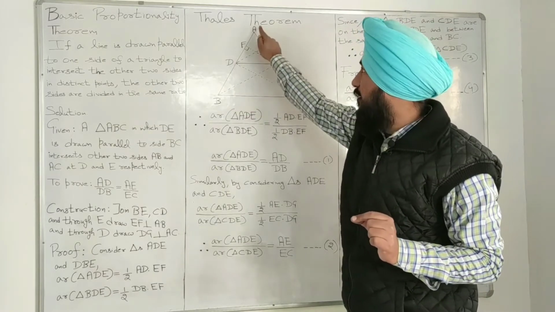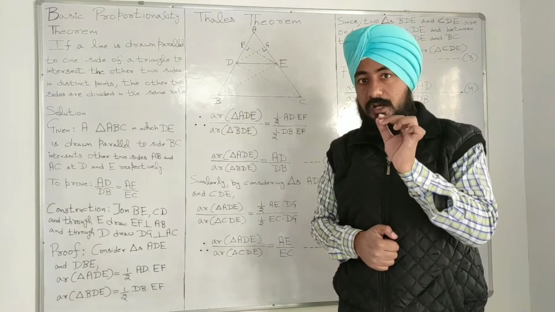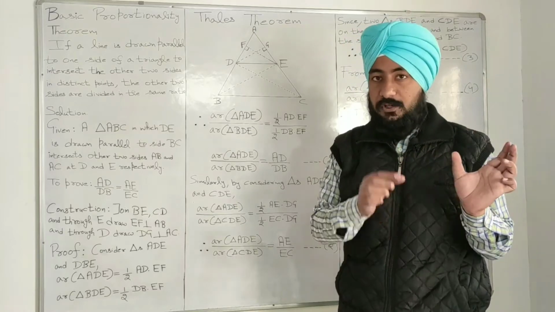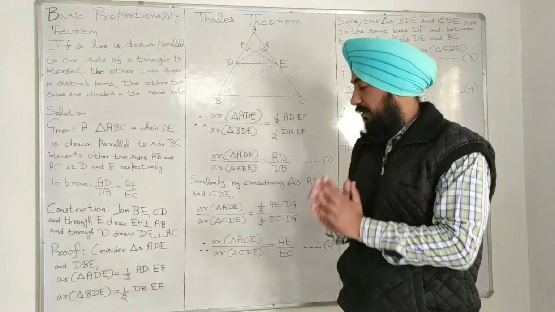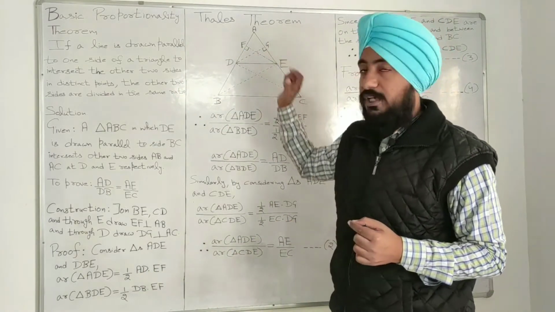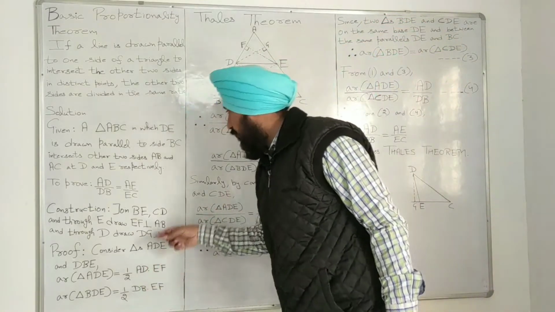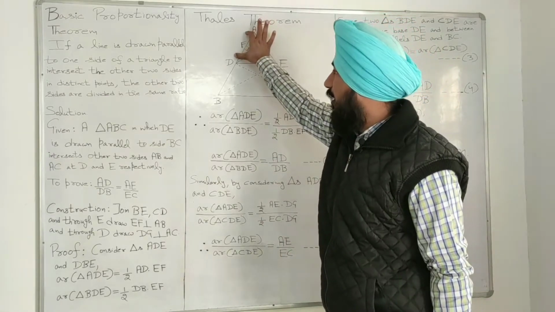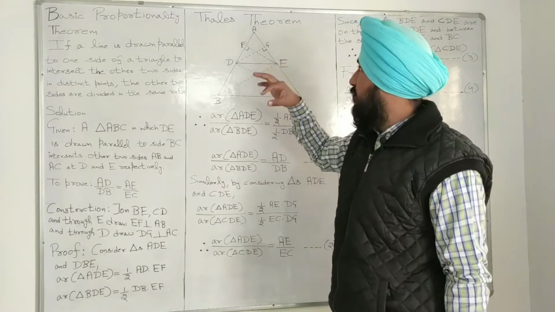Now we know the area of a triangle is equal to 1/2 base into height. So let us calculate the area of triangle ADE. Area of triangle ADE is equal to 1/2 base into height. Here you can see the perpendicular EF is on AD.